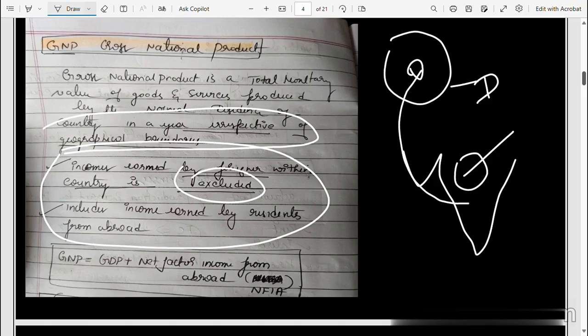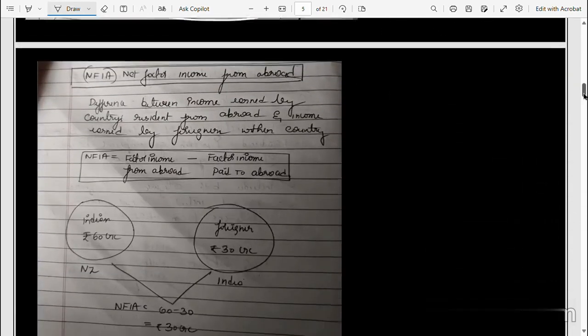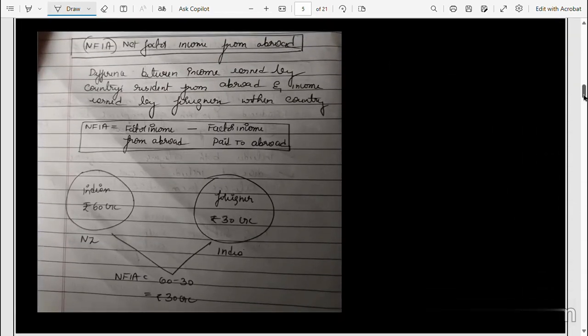So what is the formula here? GNP is equal to GDP plus net factor income from abroad, also written as NFIA. Now let us understand what net factor income from abroad is. It is nothing but the difference between income earned by the country's residents from abroad and income earned by foreigners within the country.